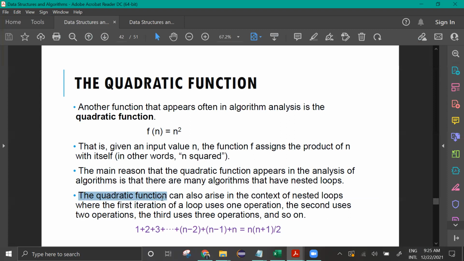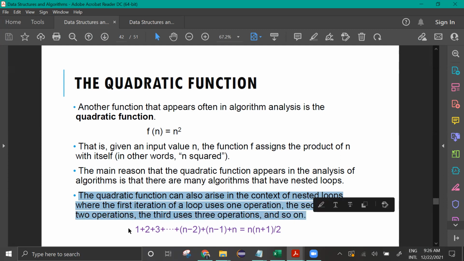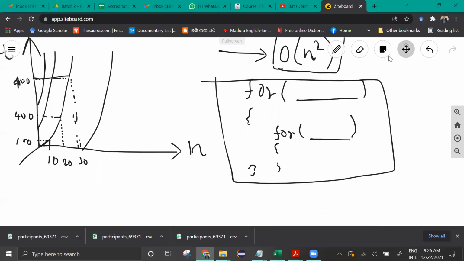The quadratic function can also arise in the context of nested loops where the first iteration of the loop uses 1 operation, the second uses 2 operations, the third uses 3 operations, and so on. So it could be just a simple nested loop.